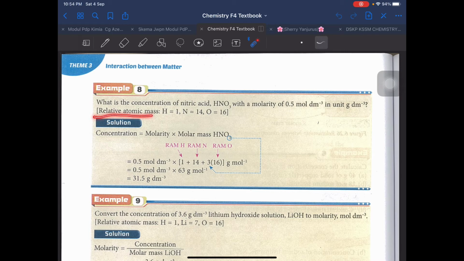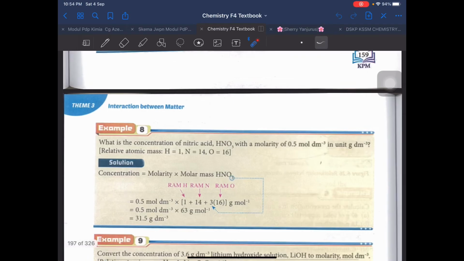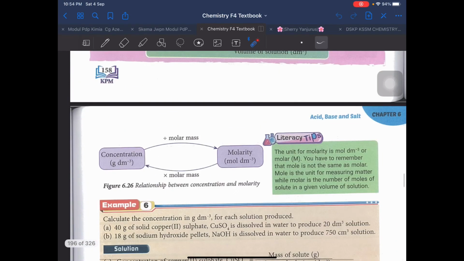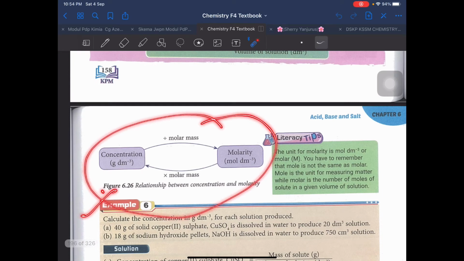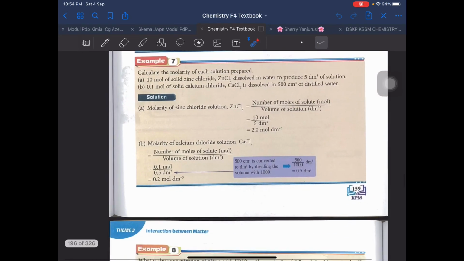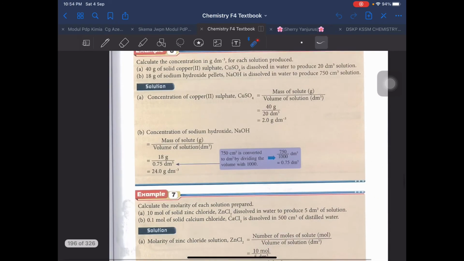Ada relative atomic mass given here. You can find this in the periodic table of element as well. So, how to convert it? You have mole per cubic decimeter. You want gram per cubic decimeter. So, what you use is this formula. Figure 6.26 in page 159.